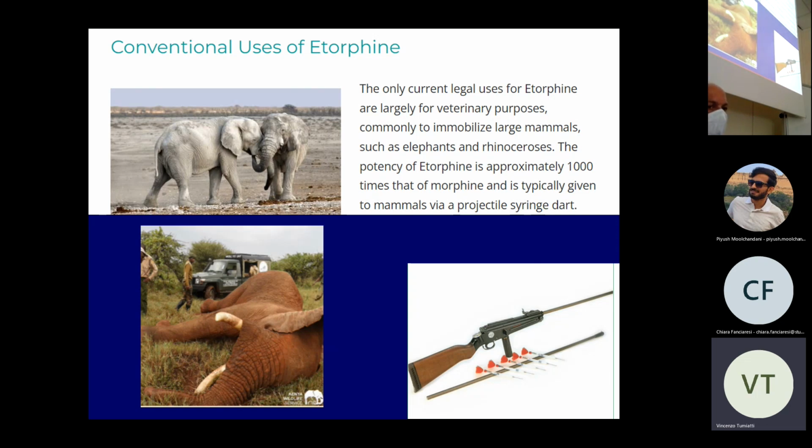And to save the adults, they used naloxone as an antidote to prevent the block. Just to show you the potency of this type of compounds.